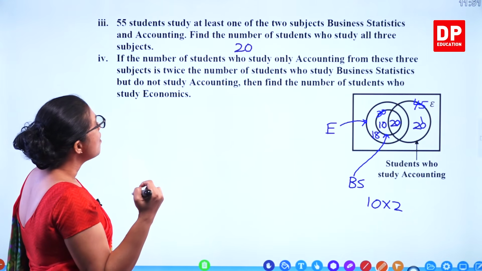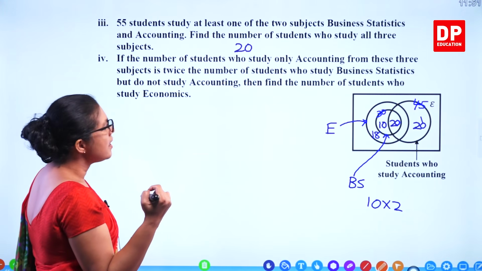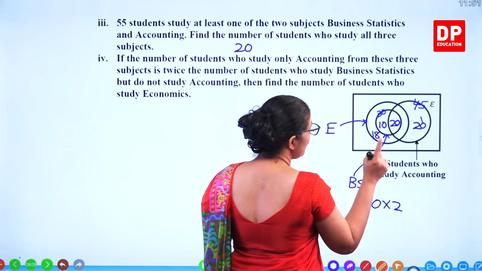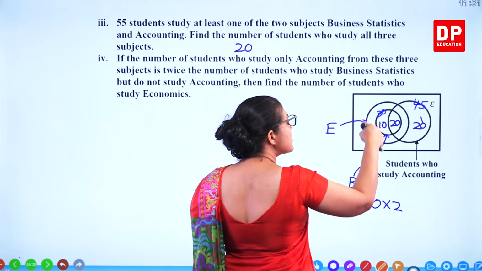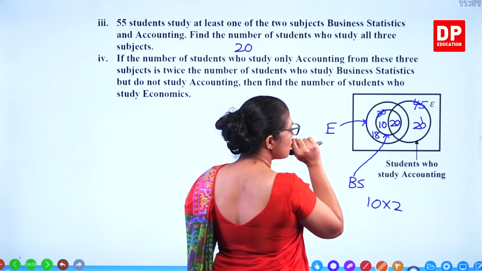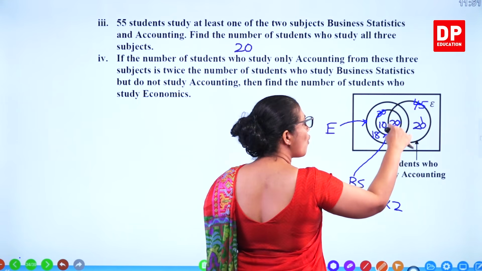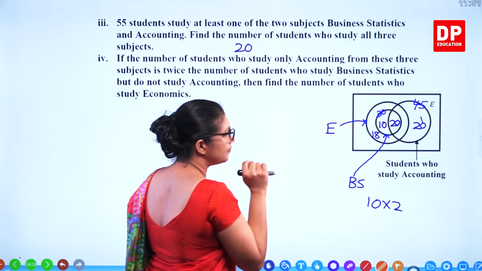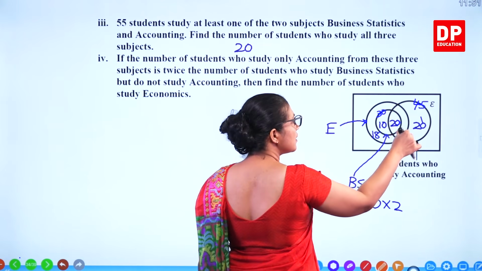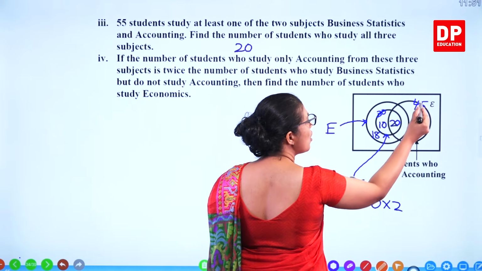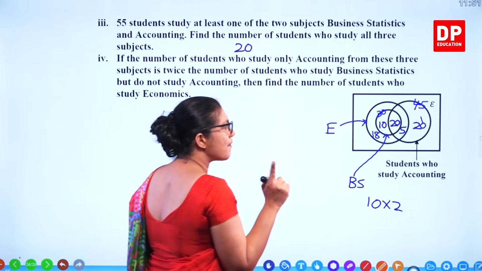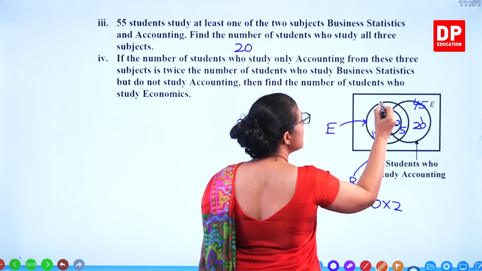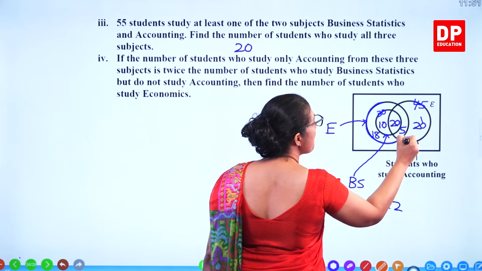Now they are asking to find the number of students who study economics. Economics means this circle. So we know this is 45, this is 20 and this is 20. What is this part? That means 20, 20, 40, this part is 5. Now what is this full economics circle?